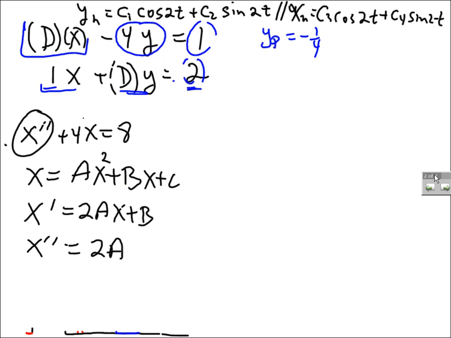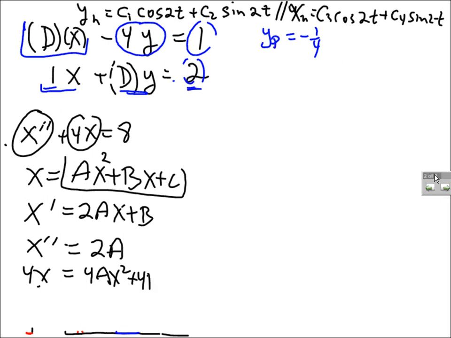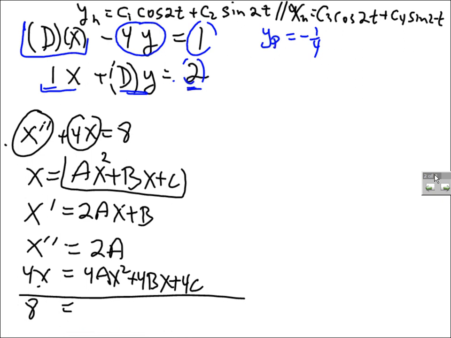So that's the second derivative, and I have to add on 4x's. Well, that's x, so I multiply it by 4. I get 4ax squared plus 4bx plus 4c. When I add the left-hand side, I get 8. How do I get 8? It told me x double prime plus 4x equals 8.